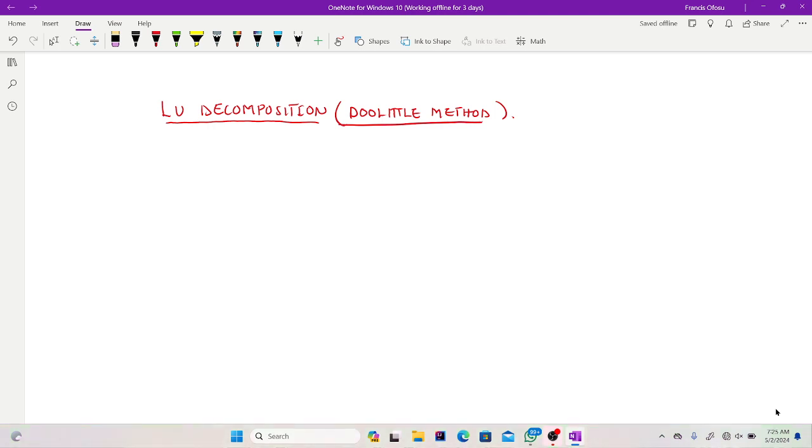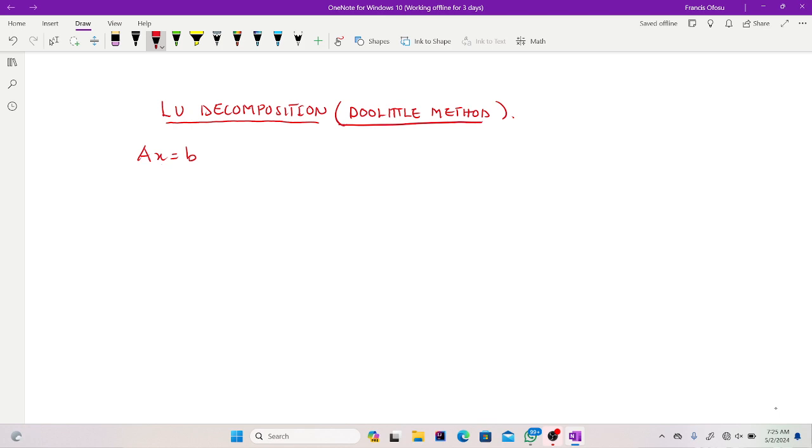Okay. So generally, when you say LU decomposition, it means that you want to solve a system of equations represented as Ax = b. You know that a system of equations is represented this way. A is your coefficient matrix, x is the unknowns, and b becomes what? Your right hand side.